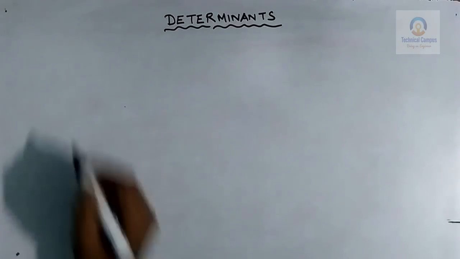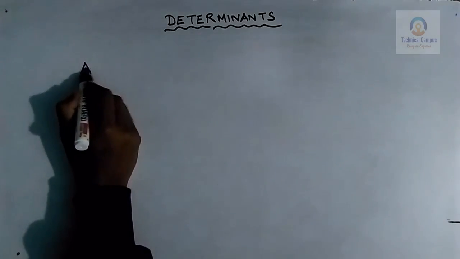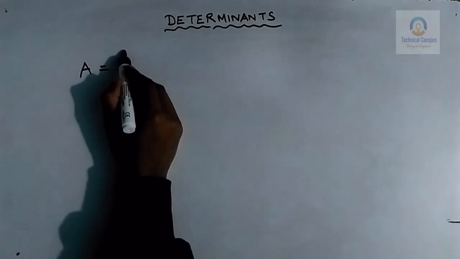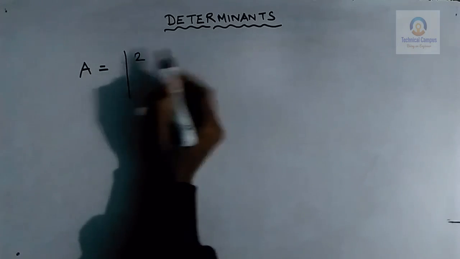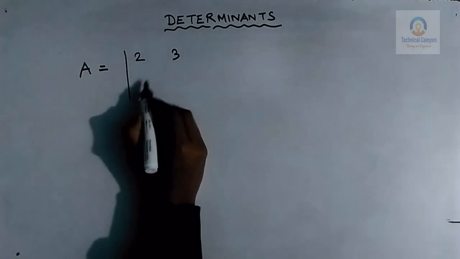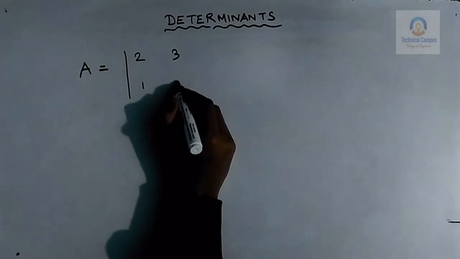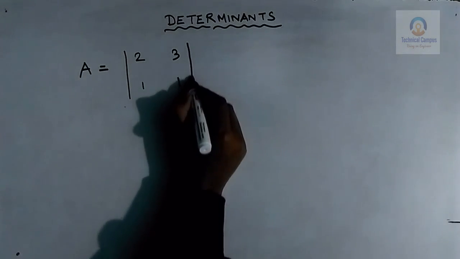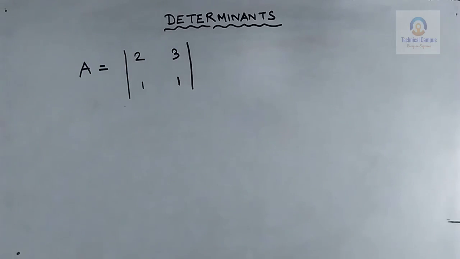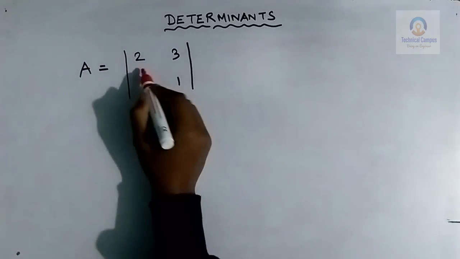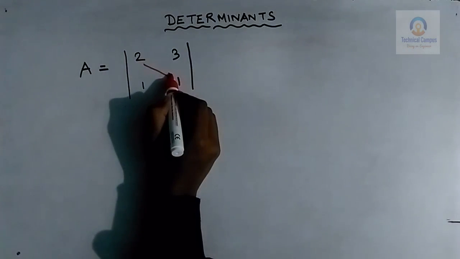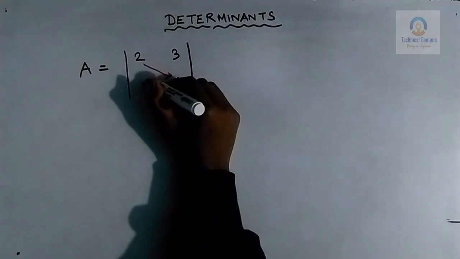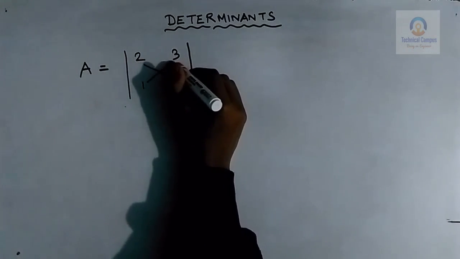So suppose we have a determinant of order 2 cross 2: 2, 3, 1, 1. Why are we taking a 2 cross 2 matrix? You will understand after you calculate the value of this determinant. You have to just multiply 2 into 1 and subtract the result by 1 into 3.